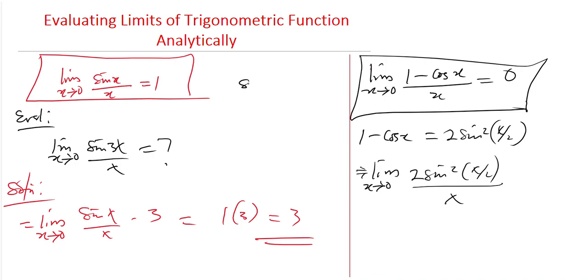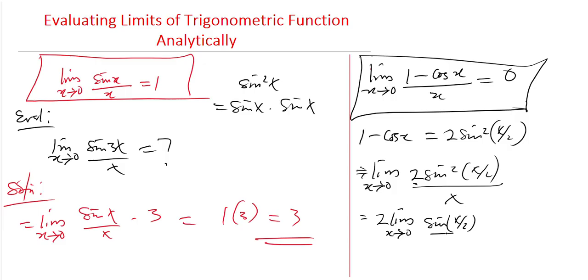And we know that sine square x is the same thing as sine x multiply sine x. So we apply that here. Let's separate the coefficient 2. So we are going to have 2 multiply the limit as x approaches 0 of sine x over 2 all over x multiply sine x over 2.